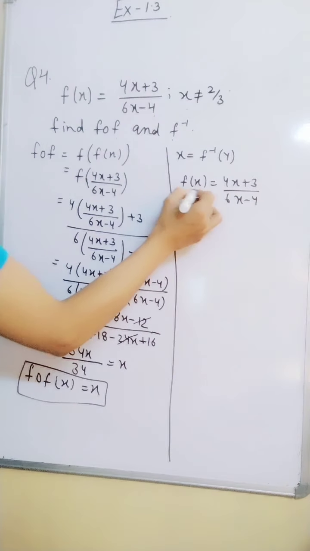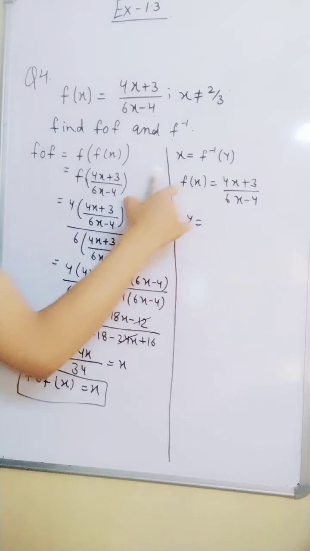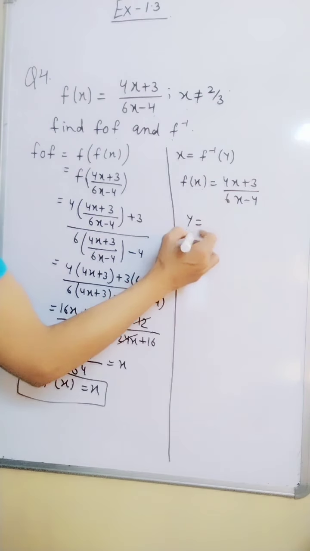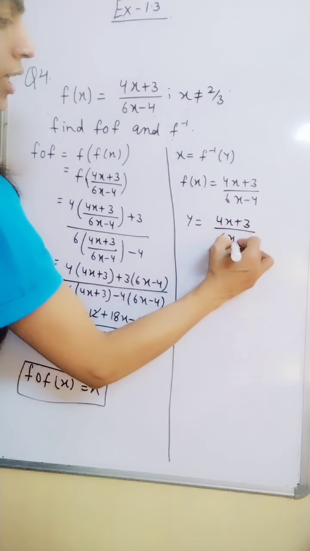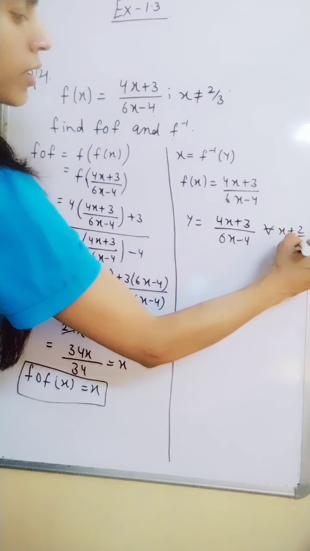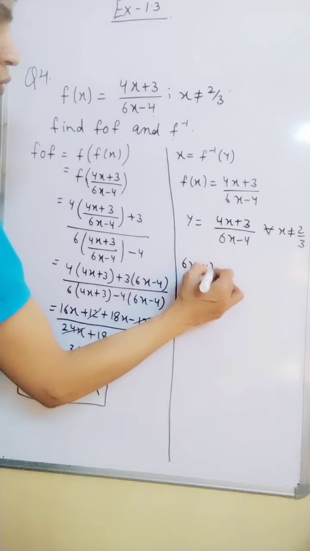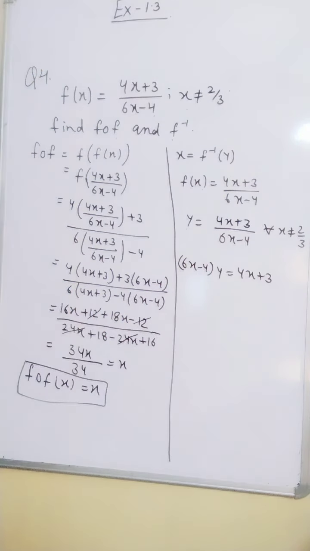Now f(x) means what? y, right? f(x) is representing the image of x, and the image of x we are writing as y. So y = (4x + 3)/(6x - 4) for all x not equal to 2/3, right? Now cross multiply, so (6x - 4) multiplied by y is equal to 4x + 3. Clear?